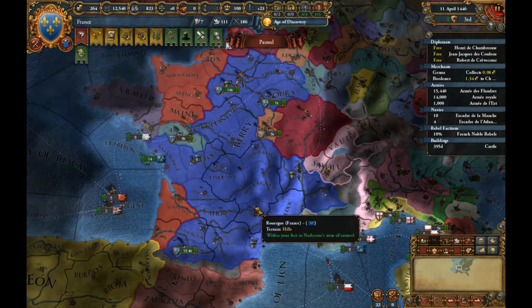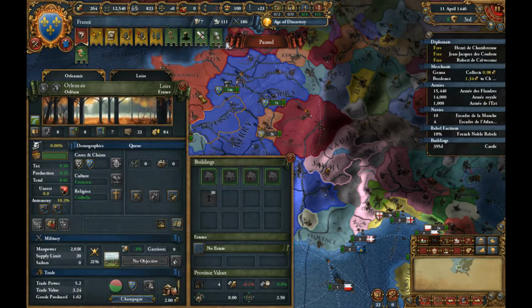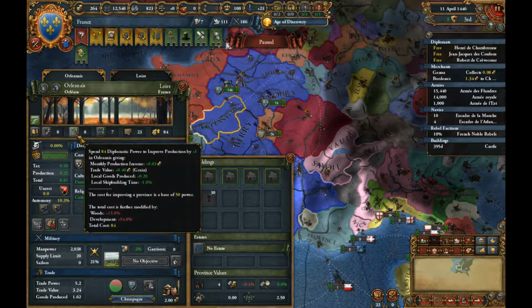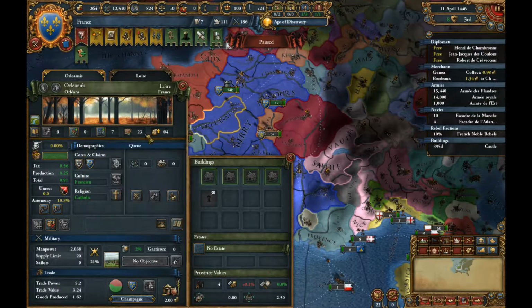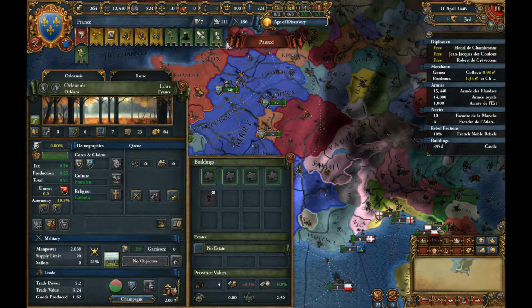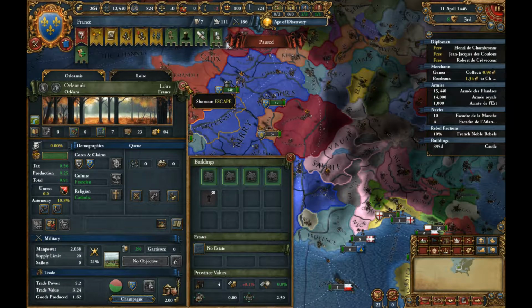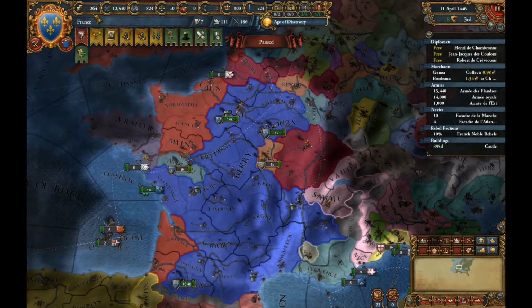So these are the main options to raise your economy: raising your development and making your provinces stronger, and building buildings.